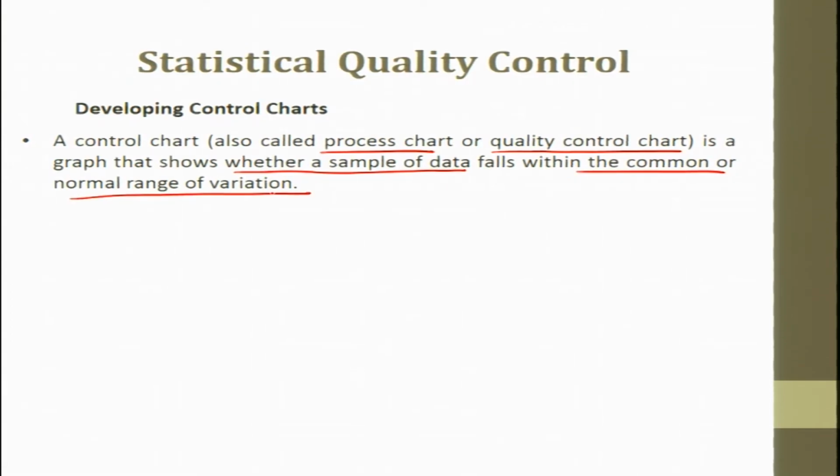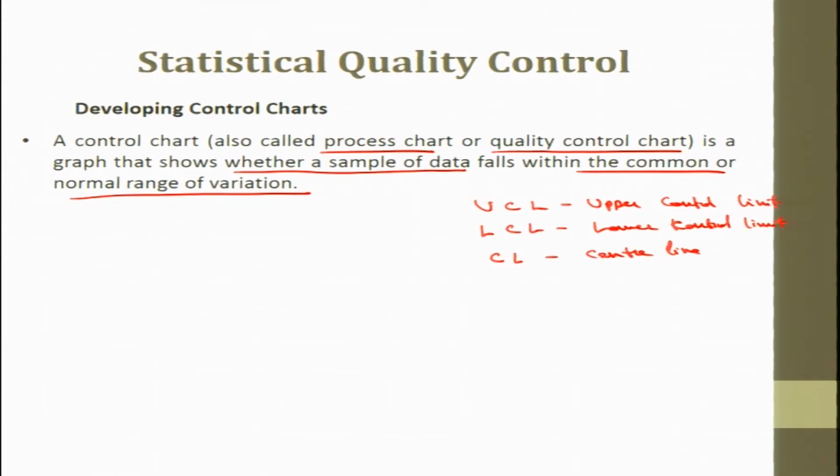The control chart has UCL, that is the upper control limit, it has LCL, that is the lower control limit, and it has CL, that is the center line.